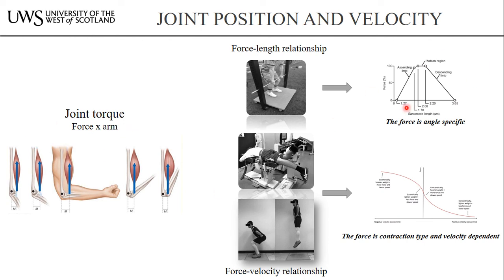So this relationship is clearly shown here, where we can see that there is an optimal length or an optimal positioning where the muscle arm is maximal, and as a consequence the force production is maximal as well, while reducing or increasing the length of this arm, so by changing the joint configuration, in this case either extending the elbow a bit farther or flexing the elbow, then positioning the forearm bones closer to the humerus, is going to reduce the force capability.